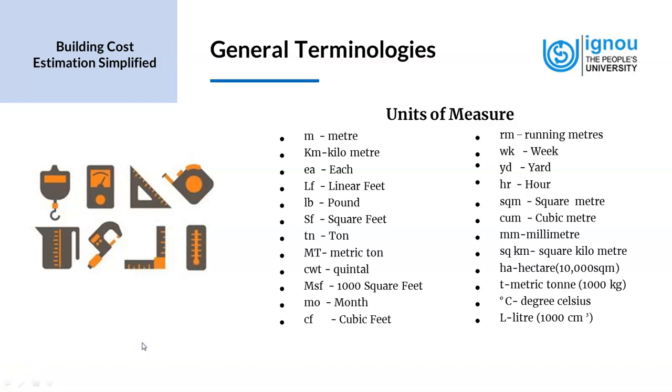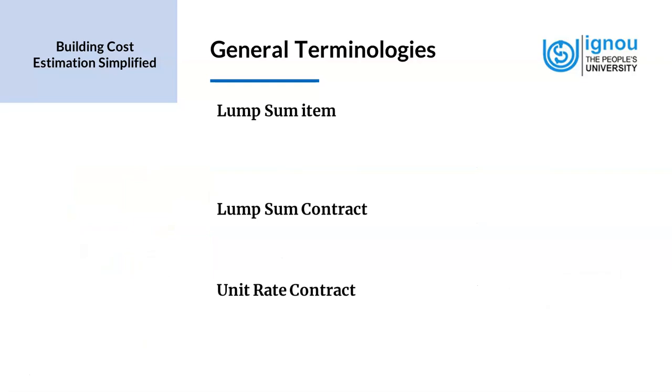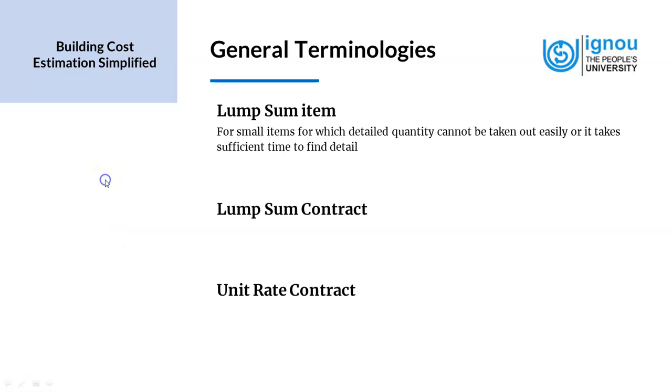We move on to the next slide. In this, we will be learning about the concepts of lump sum item, lump sum contract, and unit contract. We'll first look at lump sum item. You might have seen lump sum written in certain items of an estimate or in a bill of quantity.